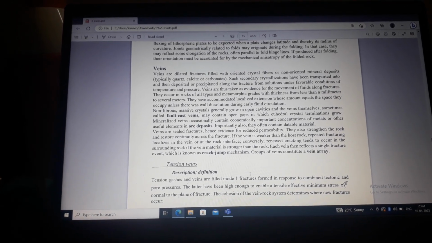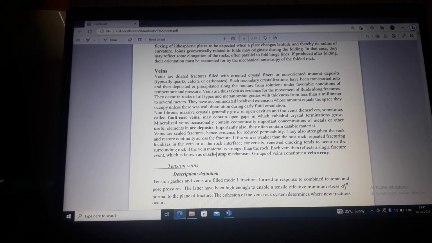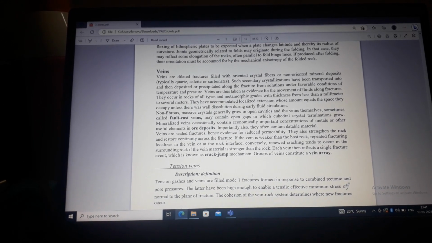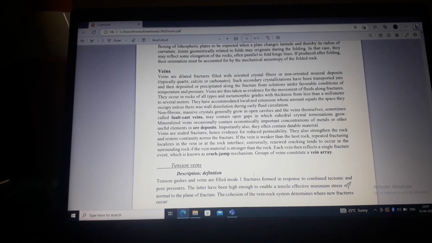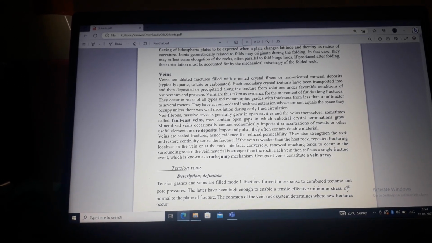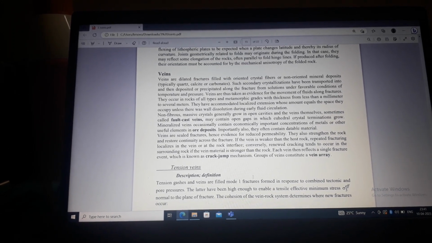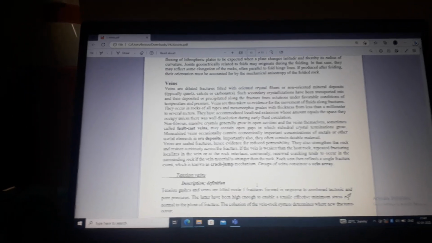Mineral veins occasionally contain economic concentrations of metals or other useful elements in ore deposits. Each vein then reflects a single fracture event, which is known as crack seal mechanism. Group of veins constitute a vein array.